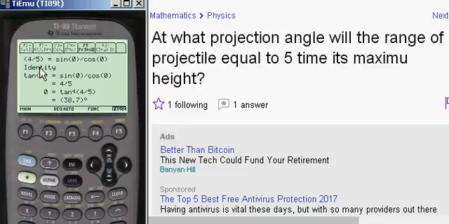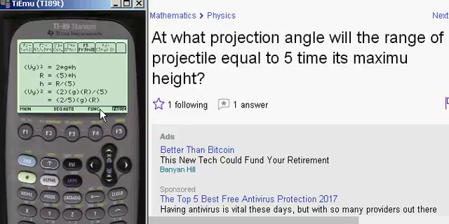That's one way of doing it, which one professor did, but then another professor did it another way, so I thought I'd do that one too. V squared over 2GH.